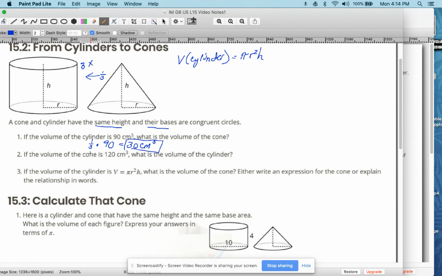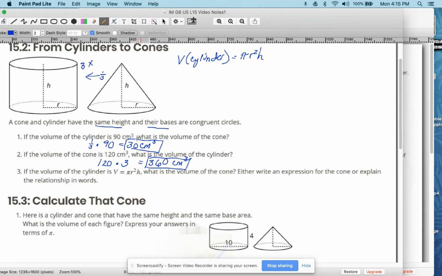The next one says the cone is 120 cubic centimeters, but we know that we can fit 3 of these inside the cylinder. So 120 times 3 will equal 360 cubic centimeters. All right, so now they're saying if the volume of the cylinder is this, which we know is true, the area of the base, which is pi times radius squared, times the height, what would be the volume of a cone?